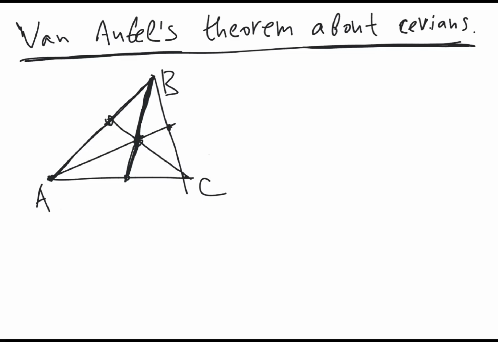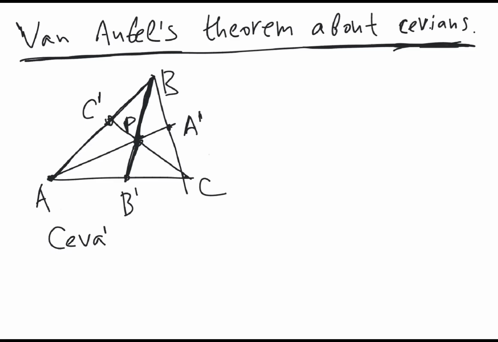So basically, let's denote this A prime, B prime, C prime, and this is P. The intersection point is P. And first, as a reminder, there is Ceva's theorem, and because of this Ceva's theorem, the segments are called cevians.